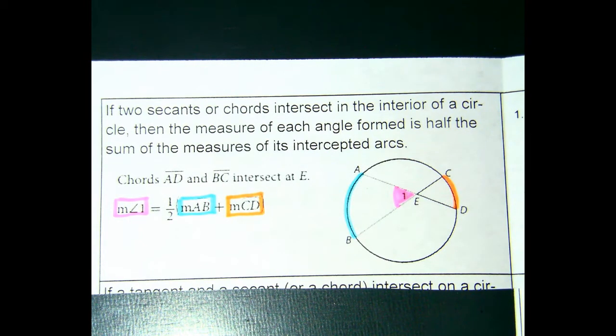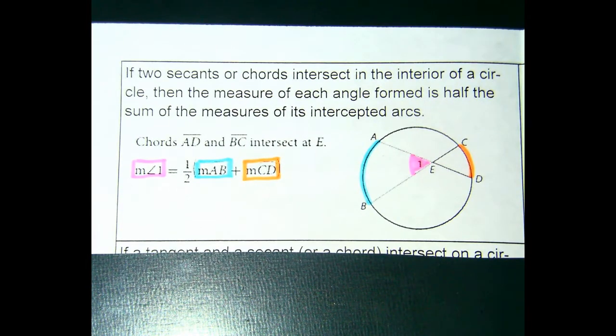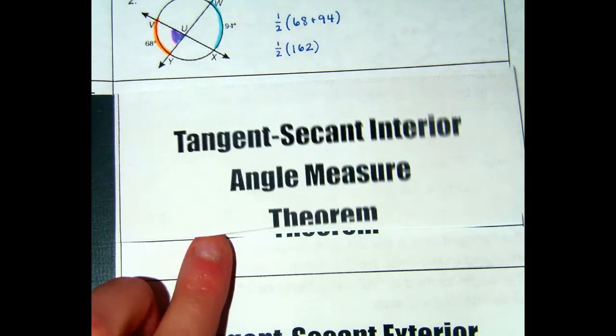Alright, next we're going to talk about the tangent secant interior angle measure theorem. Even though there are like 3 tabs or 3 flaps here, 3 different theorems, there are actually 5 different pictures. Most of them are half, though, of something. Either half the sum or half the difference.